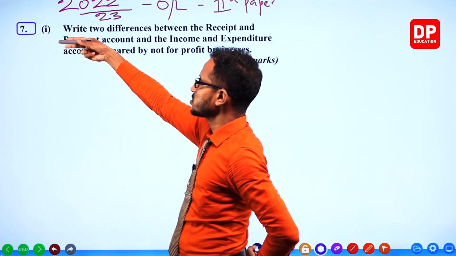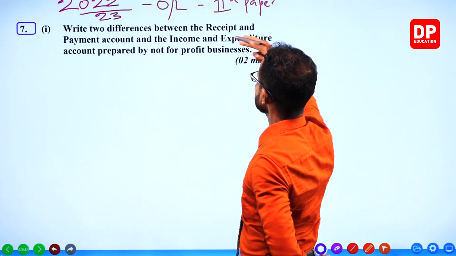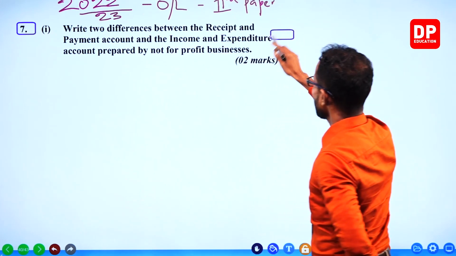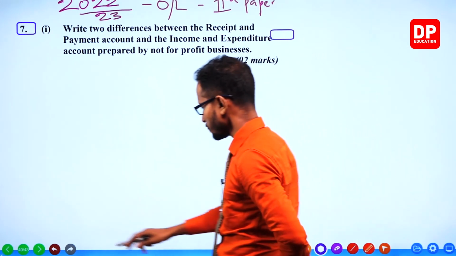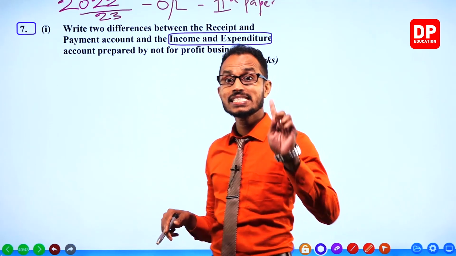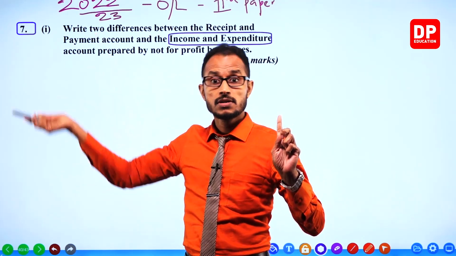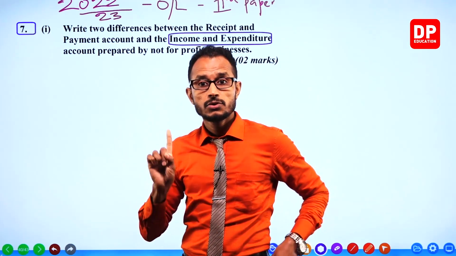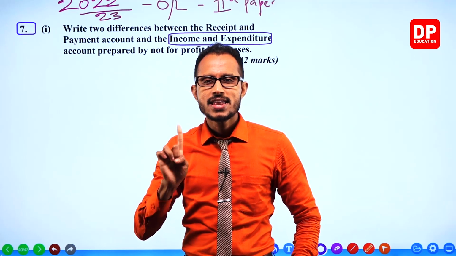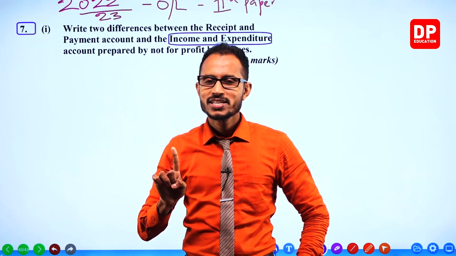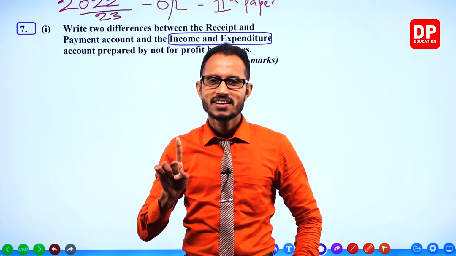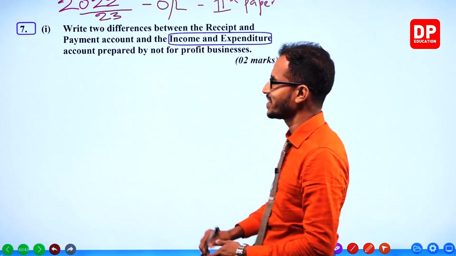First question. Write two differences between the receipts and payments account and the income and expenditure account prepared by not-for-profit organizations. I have to say, guys, in this paper, even in the first MCQ paper, the income statement of not-for-profit organizations was given as income and expenditure account.